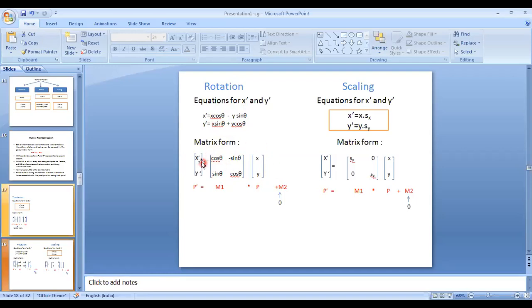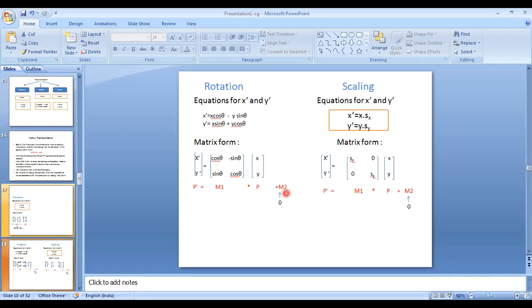Where my p dash is a column matrix which has two rows, x dash y dash, and doesn't have any other column. My m1 is a 2 cross 2 matrix, it has two rows and two columns, into p, which is again x y, my old x and y, again a column matrix with two rows.